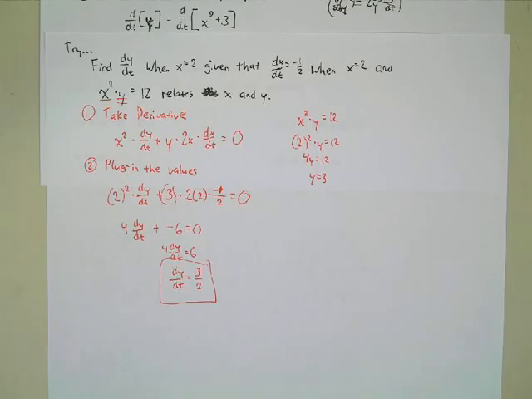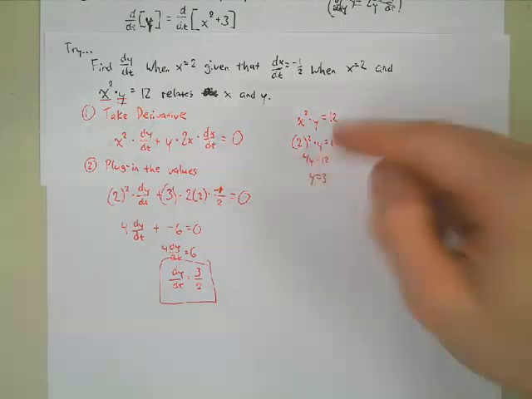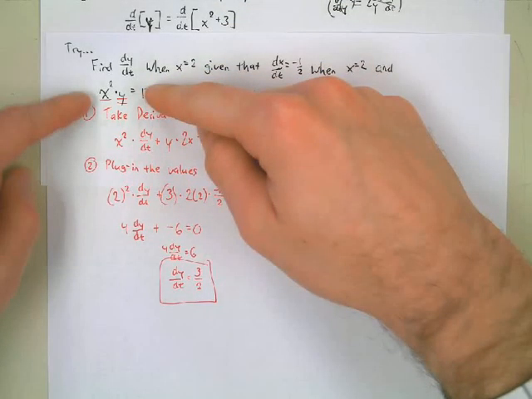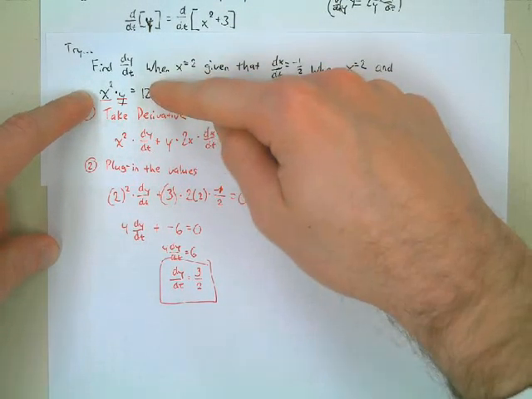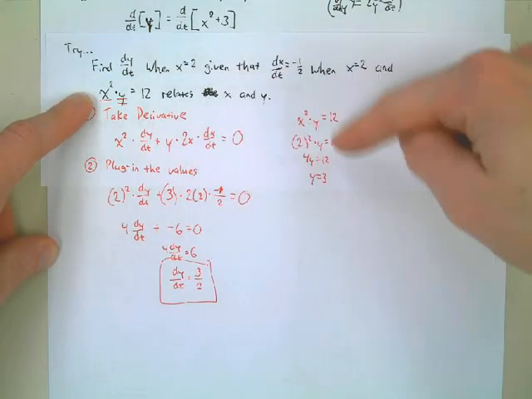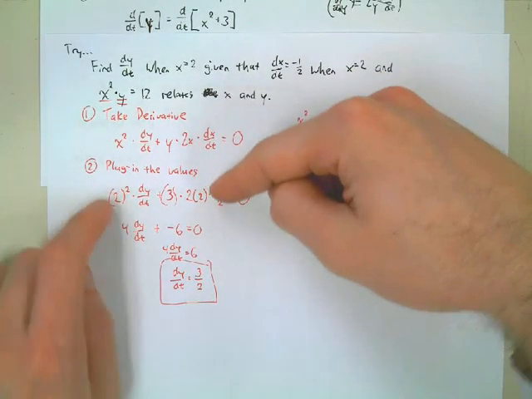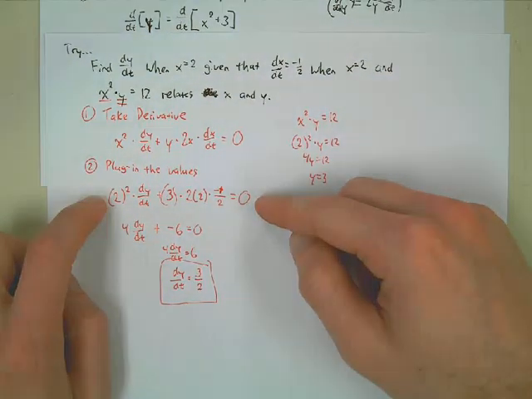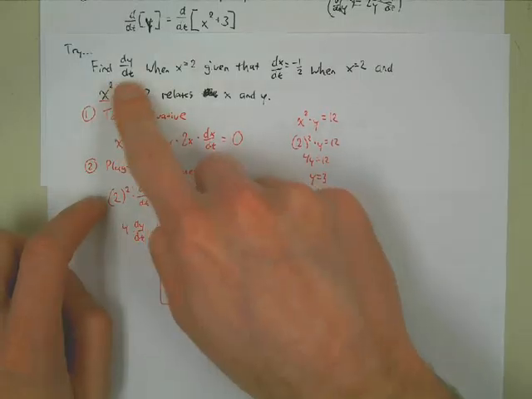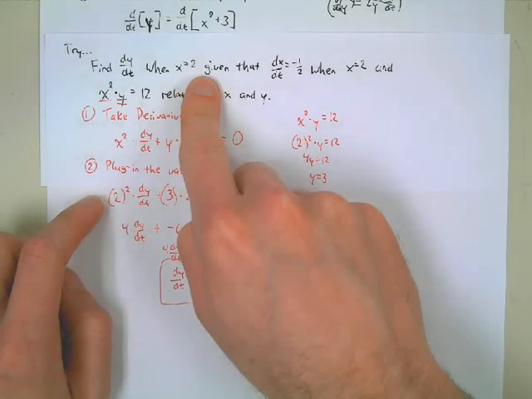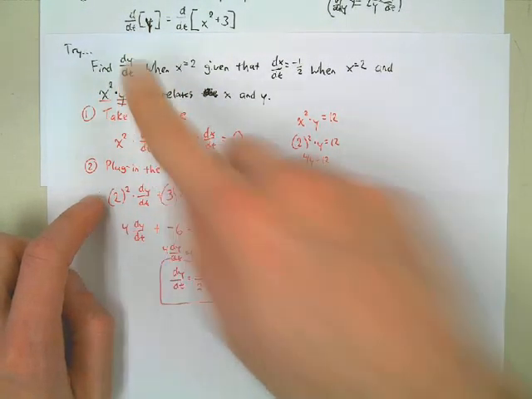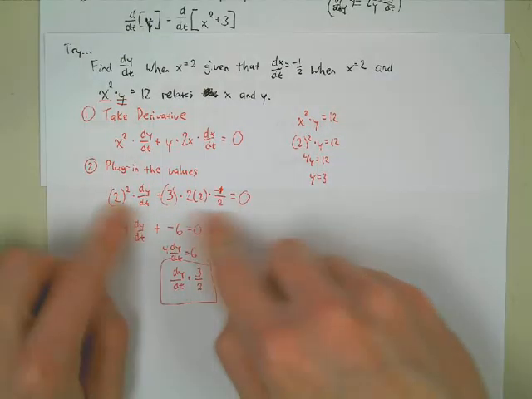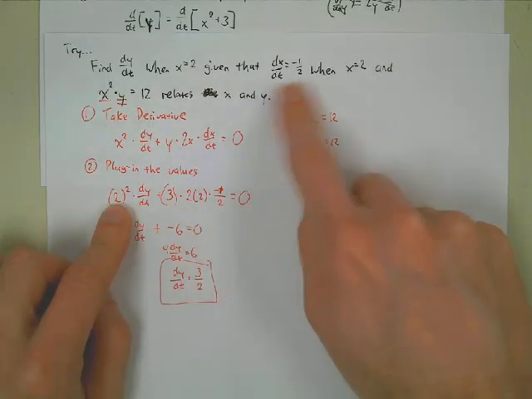How do you know you could put 2 into the other equation like y? Well, because we're told this equation relates x and y. And so if we're specifically trying to figure out, when we did this rate here, we were trying to find the dy dt when x is 2. So at the instant when x is 2, we want to find dy dt. So when I plug in, I also know that dx dt is negative 1/2. So all those things I can plug in for.